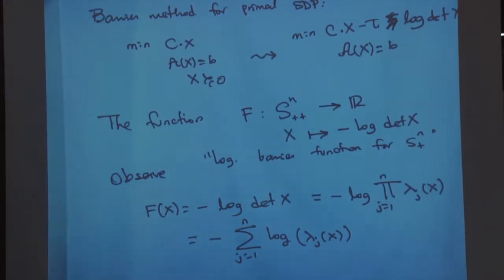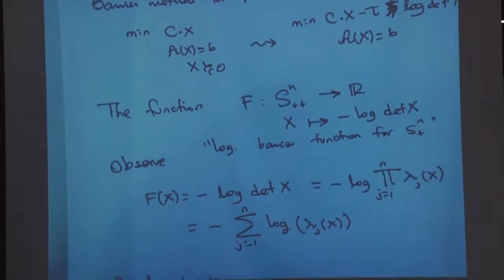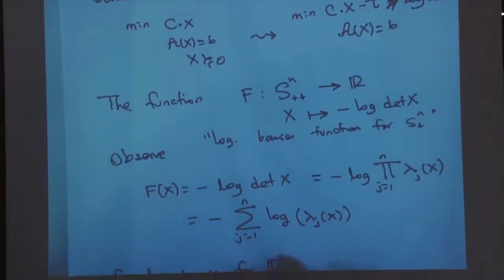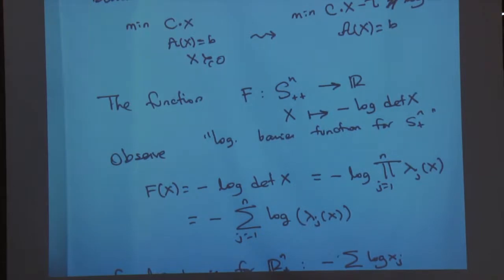Okay, so the log barrier function in linear programming, that one was negative sum of log of xj. Remember that? That was what we spoke about last class, Monday, and what Ryan had mentioned also a couple of weeks ago.